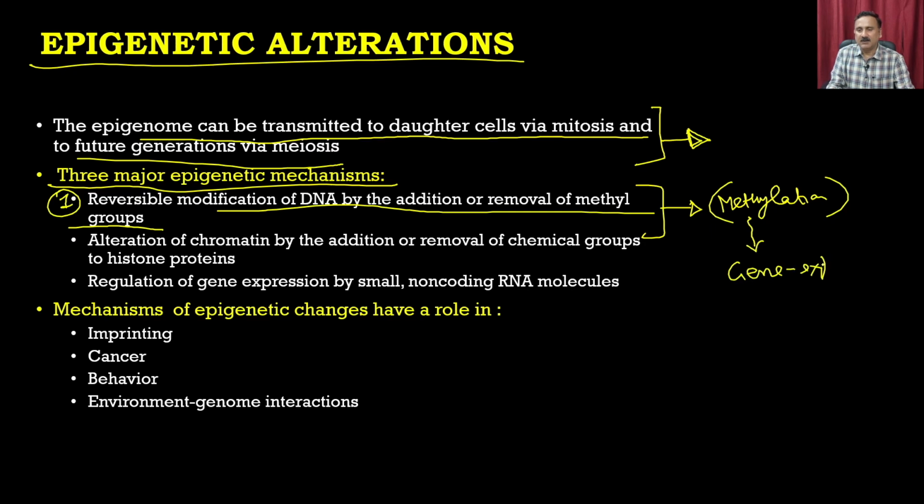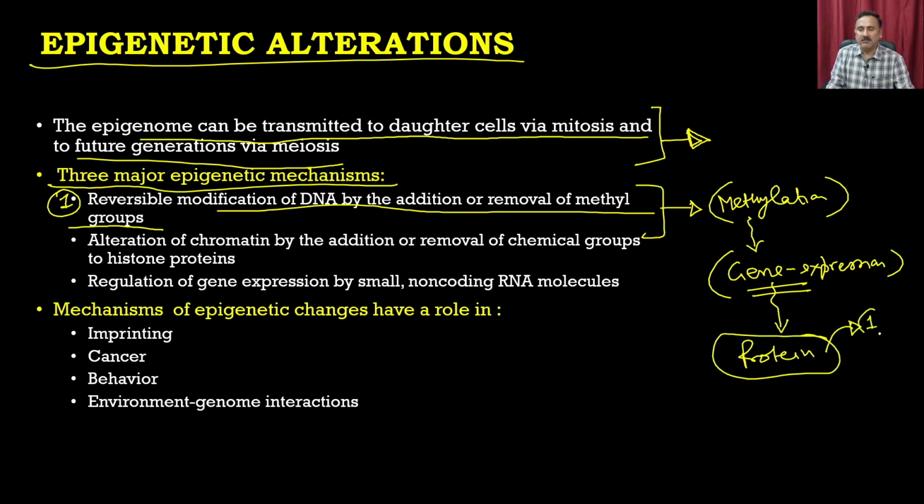There is a developed mechanism through which methylation changes the gene expression. And when there is a change of gene expression, it is going to change the amount of protein produced, and as a result you are going to show one phenotype versus a second phenotype, right?